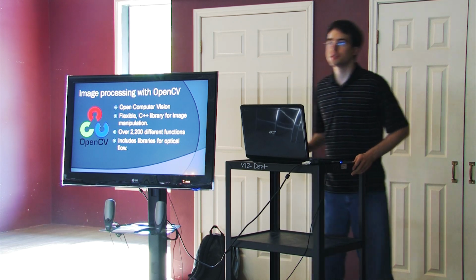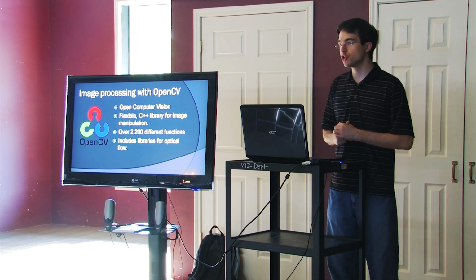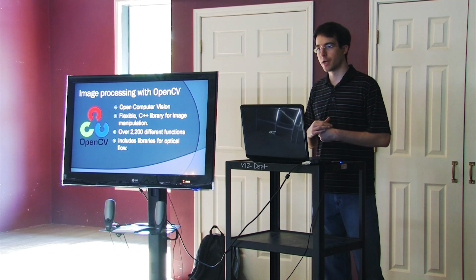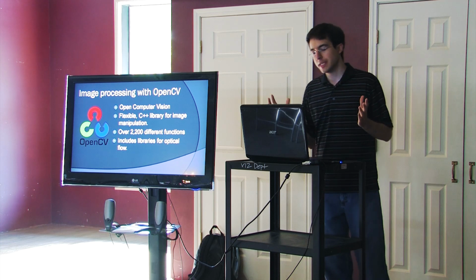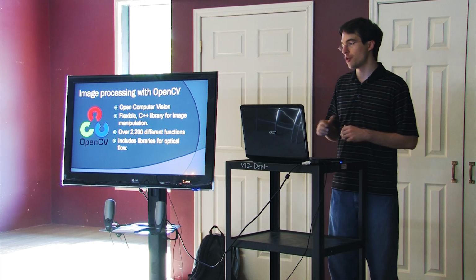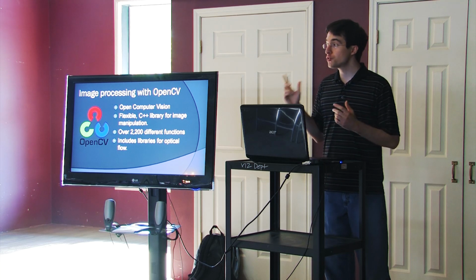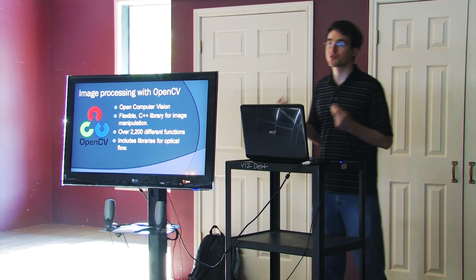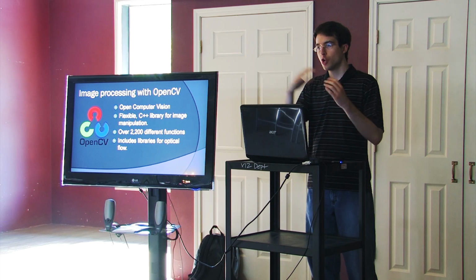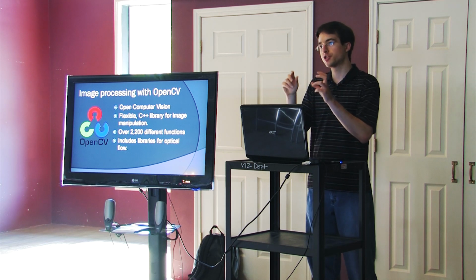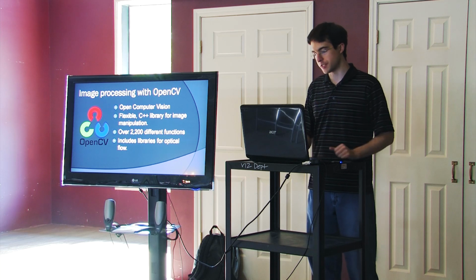In order to define these things, we decided to use OpenCV, which is another toolkit for programming. It's very flexible. It's a C++ library. It's got over 2,200 different functions. And it includes, most importantly, functions for optical flow, which is a way to look at two different images and determine the differences and thus determine a velocity based on those differences.